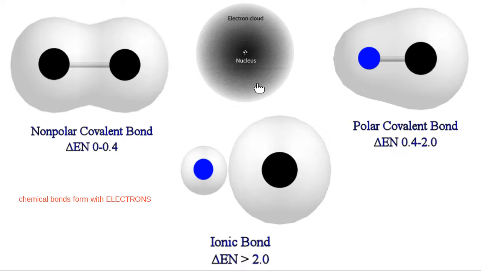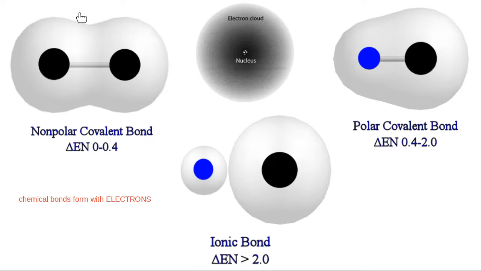When you're looking at molecules, things that are attached to each other, you can look at the shape of their electron cloud to get an idea of how they're sharing their electrons. So over here on the left, we have a non-polar covalent bond.